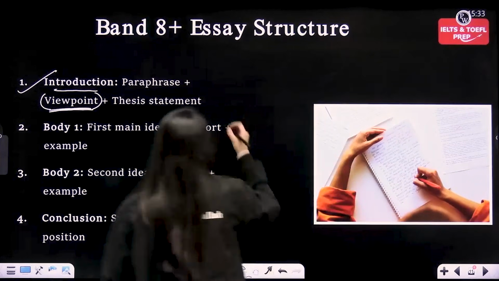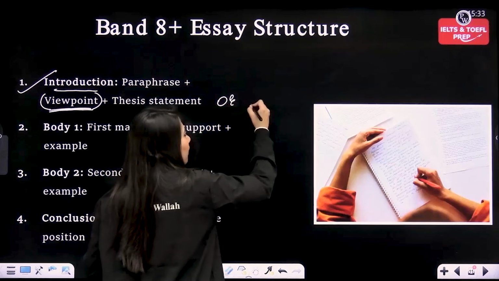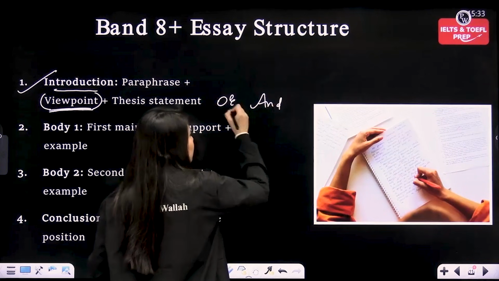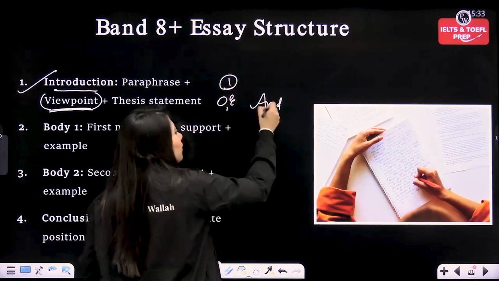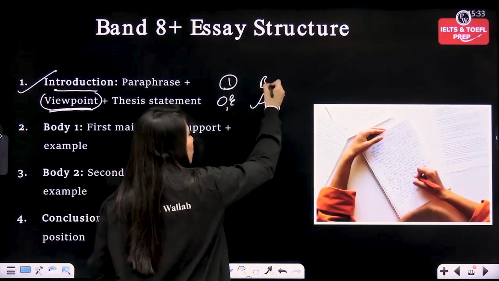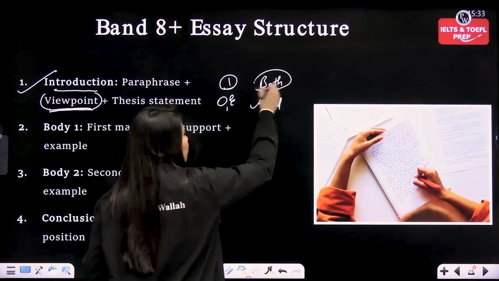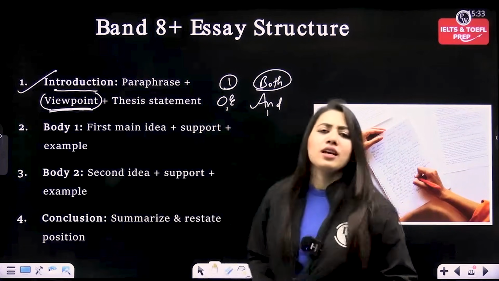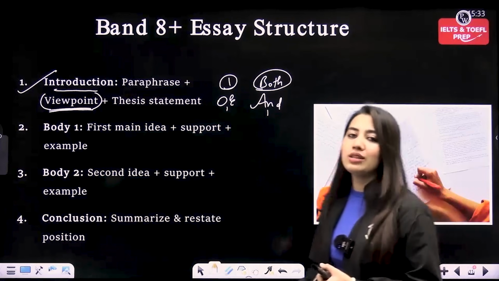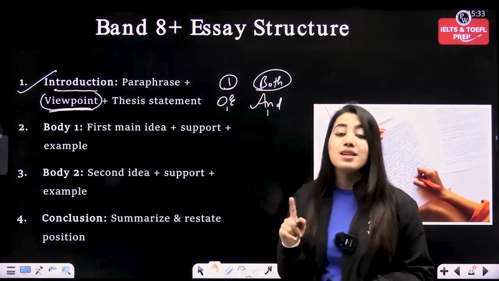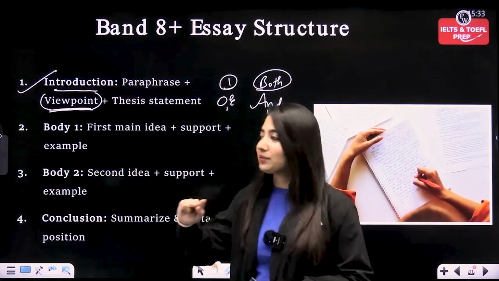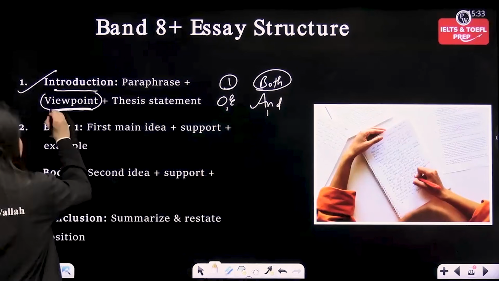Always consider these two, "or" and "and." If "or" is there, you have to choose one. If "and" is there, you have to go to both sides. That's why it depends. If "or" is mentioned in the question, you'll have to take a single stance. Otherwise, you have to talk about both of them, but in a comprised way, in the viewpoint.